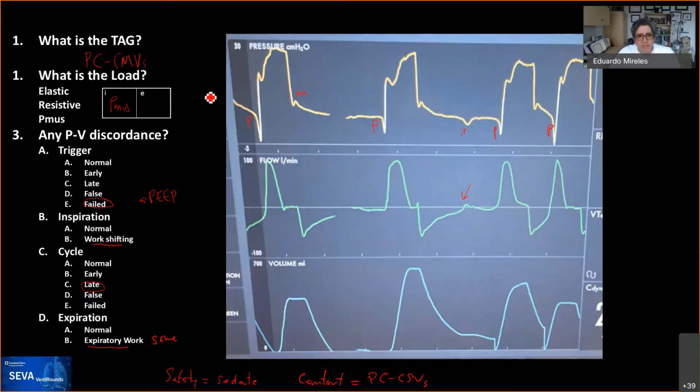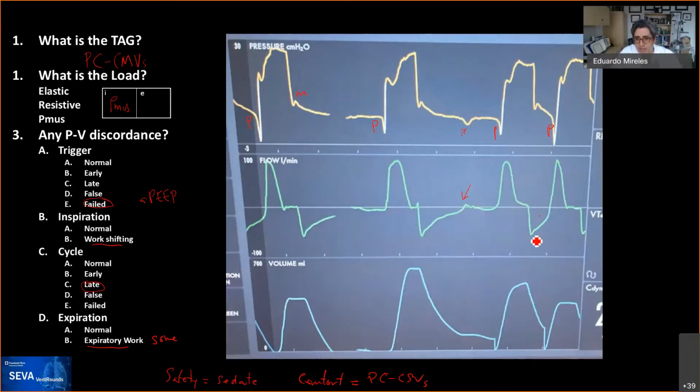Admittedly, the goal of this exercise was not necessarily to focus on the tag, but it's always good to go through it. The load, I think you recognized appropriately the Pmus during inspiration. The patient is doing a large amount of effort during inspiration, and during expiration, at least on this one, with the exception of this, well, this one is definitely patient effort.